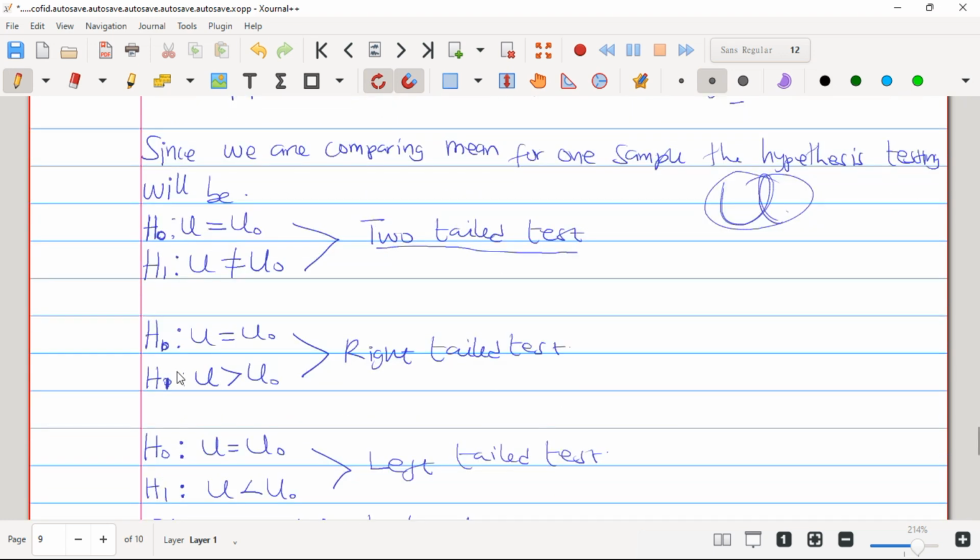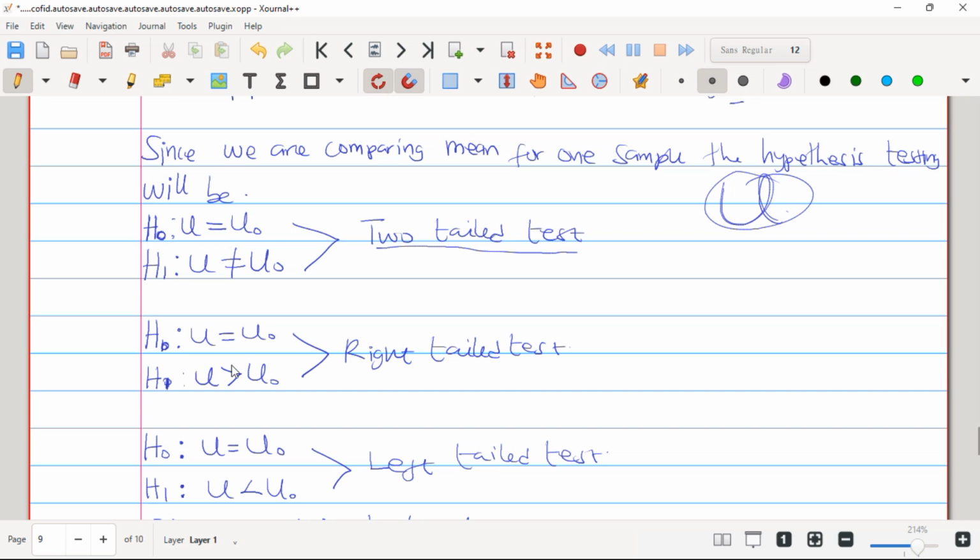So here we have what we call the two-tailed test. How can one set a hypothesis for the two-tailed test? H0 is where mu is equal to mu naught, and H1 is where mu is not equal to mu naught. We can say that this is a two-tailed test since our H1 carries the not equal to sign.